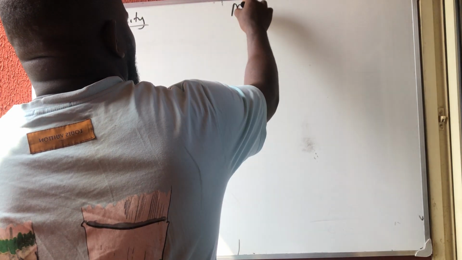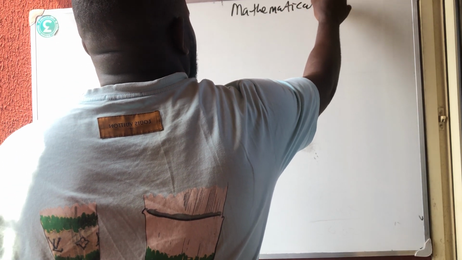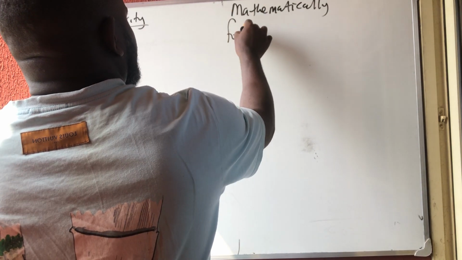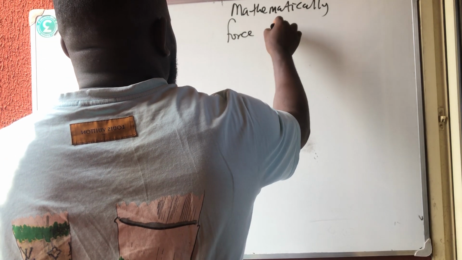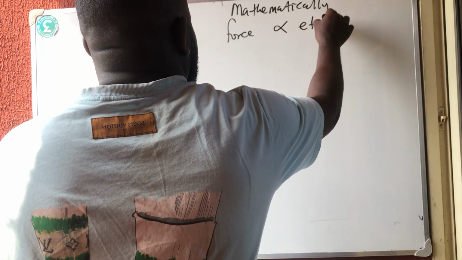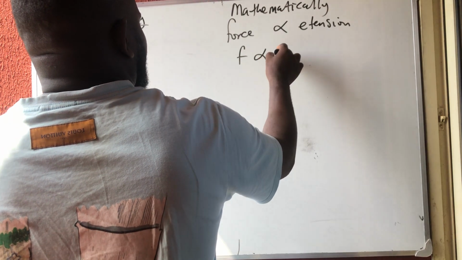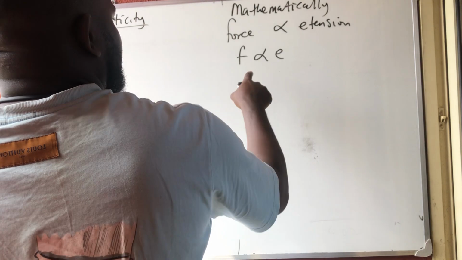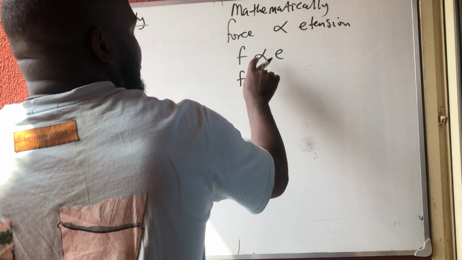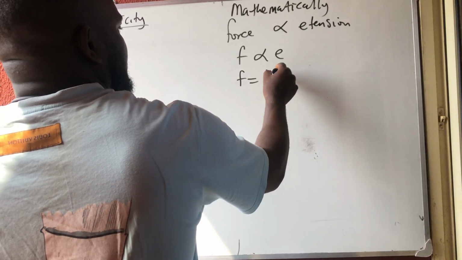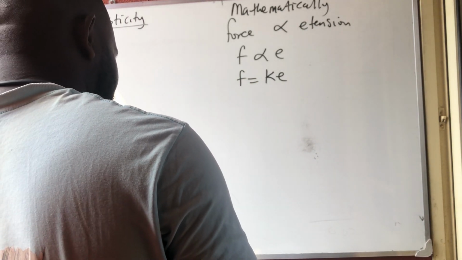So let us talk about Hooke's law mathematically. We say that the force applied is directly proportional to the extension, which means F is directly proportional to extension E. Now if we remove the proportionality sign, we have that F is equal to Ke, where K is the constant.